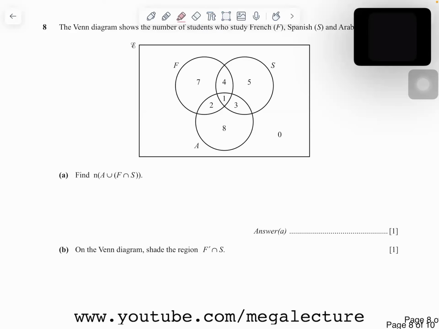I didn't do the second one. I sent you the shaded region.